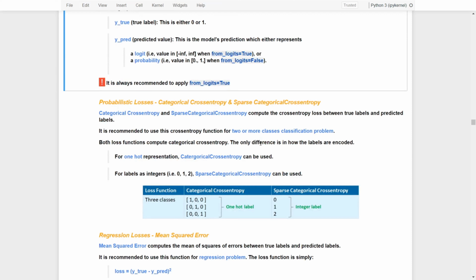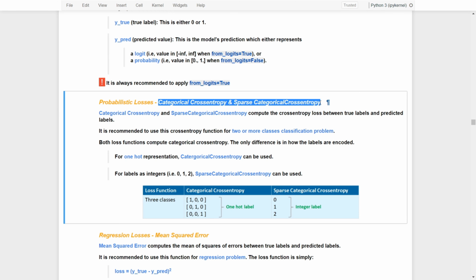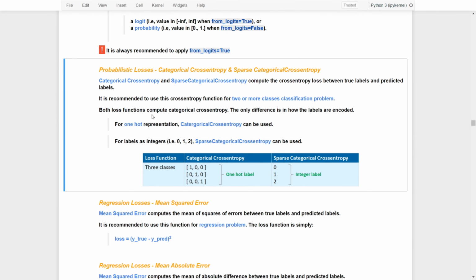And in this case, if we have 2 or more class classification problems, then we need to use either one of these probabilistic loss functions. Both loss functions compute the categorical cross entropy. However, the only difference is how the labels are encoded.